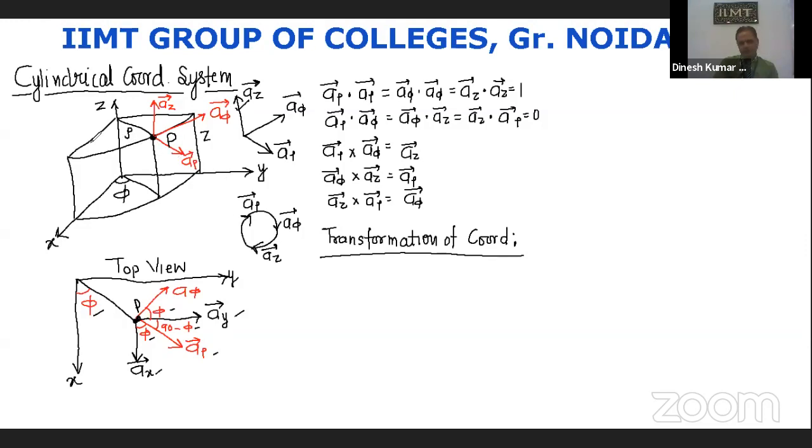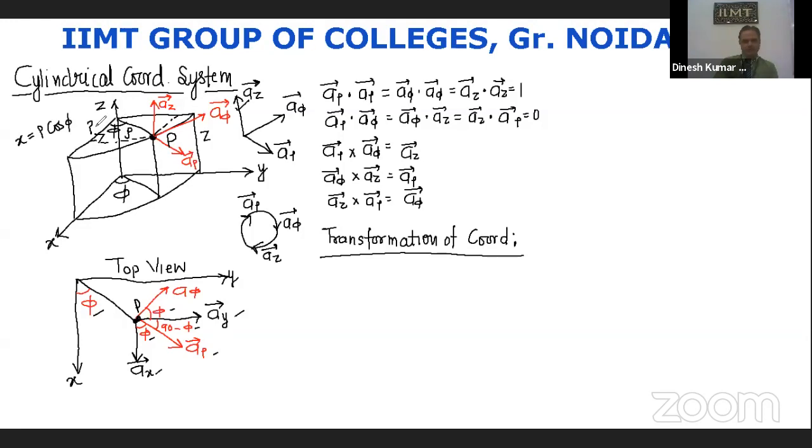Coming back to the top figure, if we draw a perpendicular from point P towards the x-axis and y-axis, obviously this angle is phi, and this is a right angle triangle. So what will be the value of x? This is rho, so x will be rho cos phi.